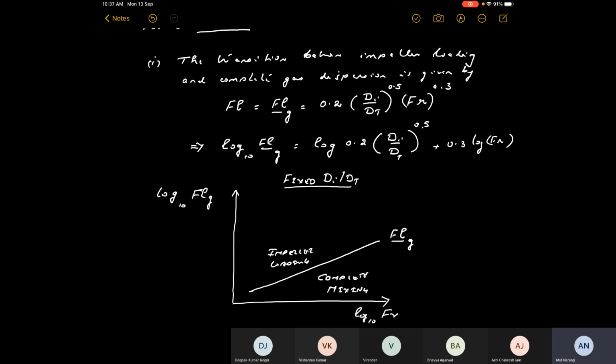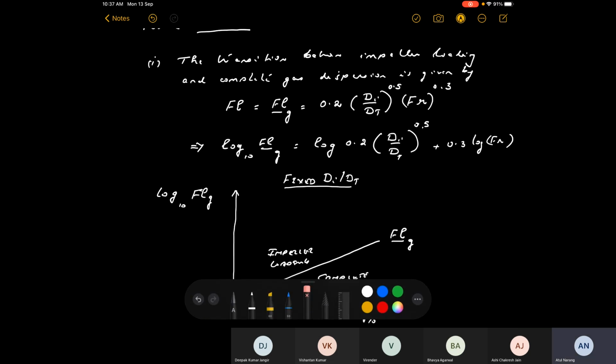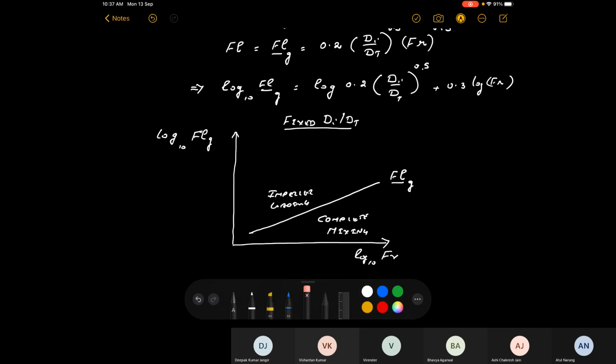Okay, so let me read. The transition between impeller loading and complete gas dispersion, correcting myself to be consistent, is given by this line. This line has the formula shown over there.